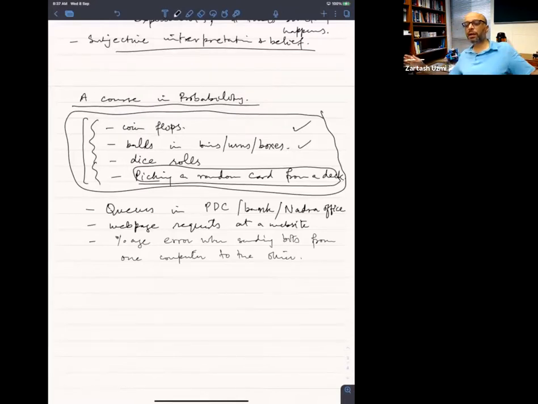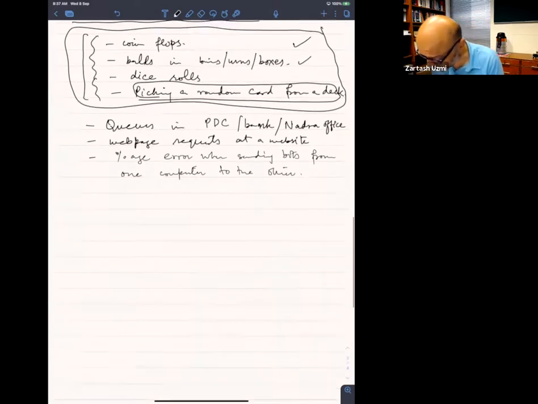If you are sending 100 bits, do you get 2 or 3 bits out of those in error? If you send 1,000,000 bits, how many bits would be in error? So that is an interesting question to ask with practical applications.